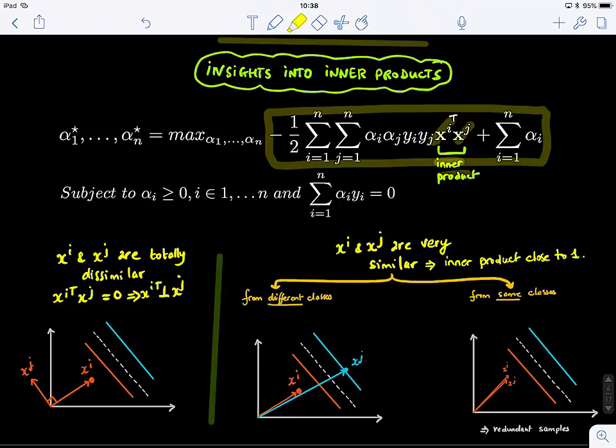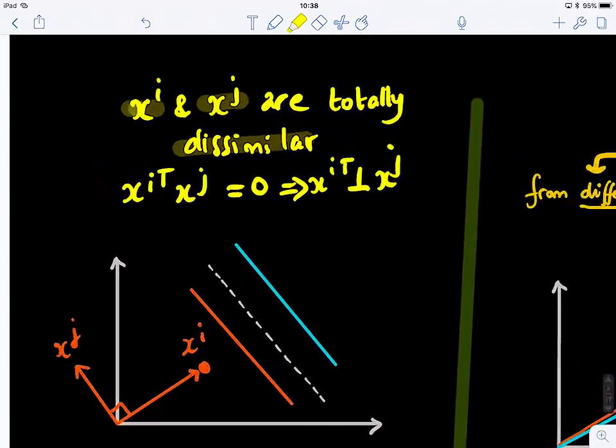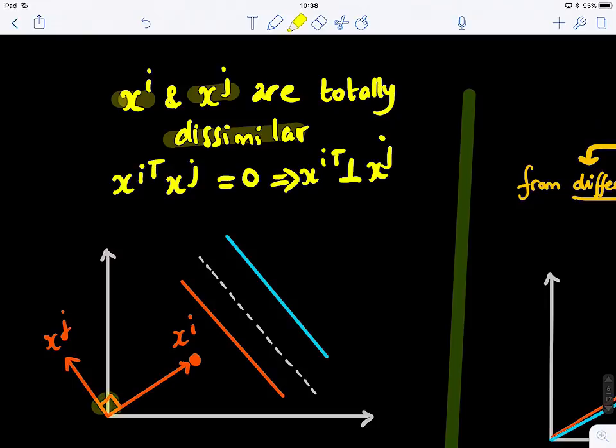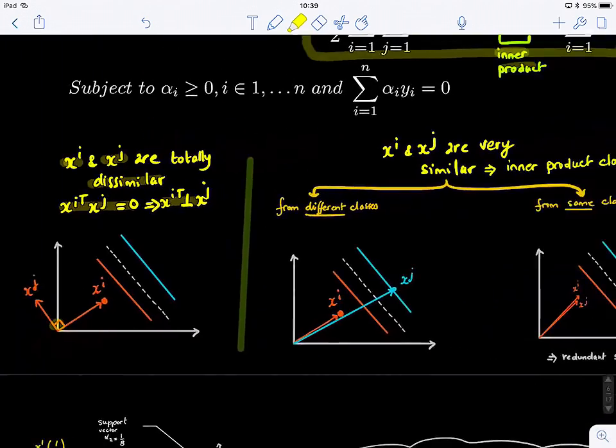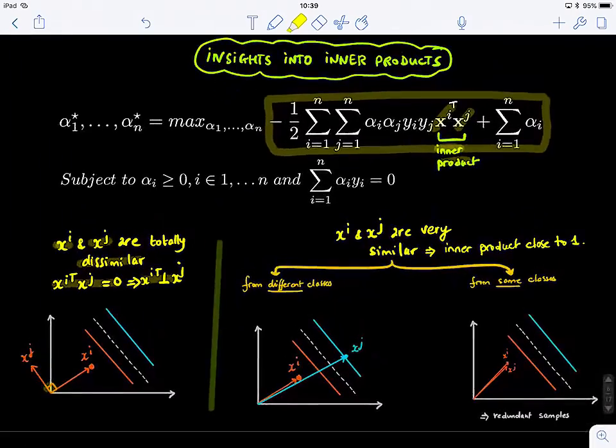So let's look at these two cases individually. The first case is when two samples are totally dissimilar, and this is, for example, right here. Dissimilar means they're perpendicular, so their dot product is equal to 0. Here we're projecting one sample over the other, and since they're perpendicular, their features are completely dissimilar.